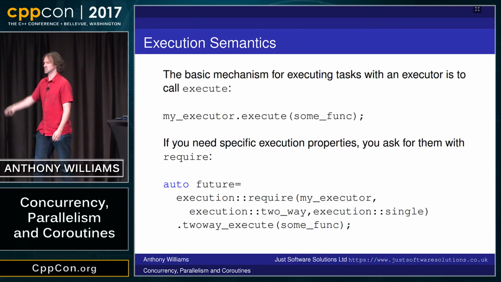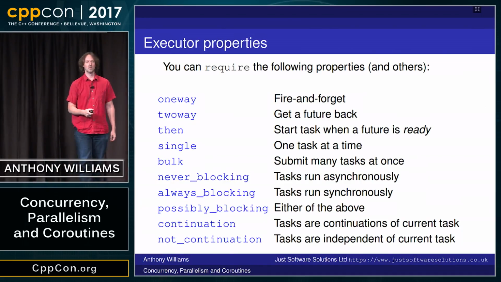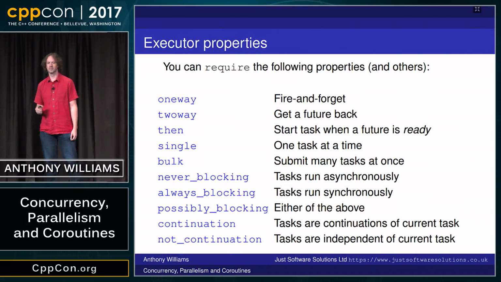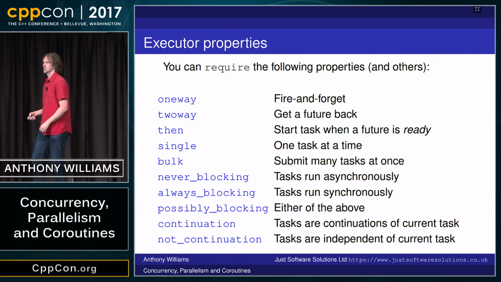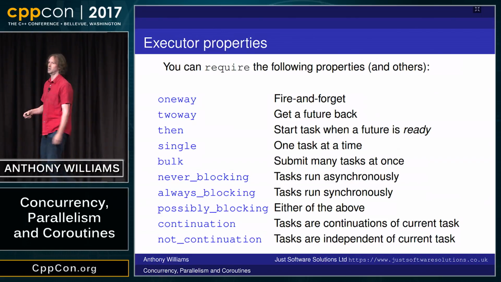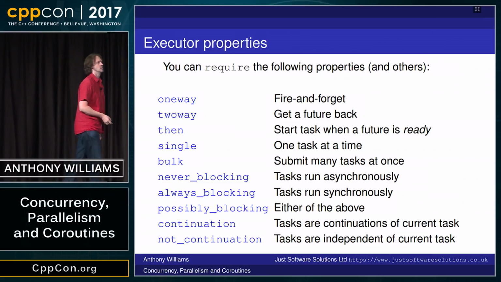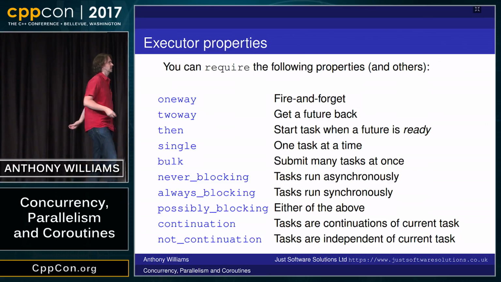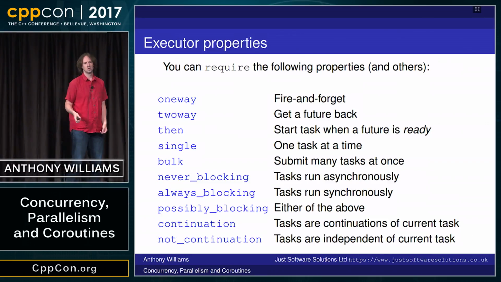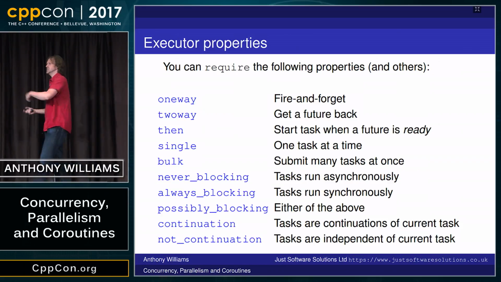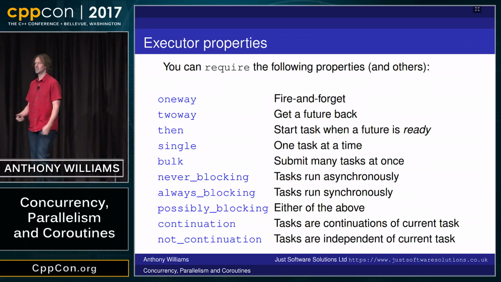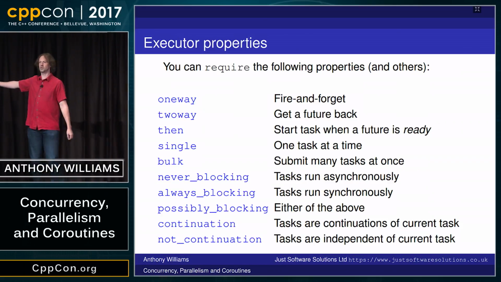There's a whole bunch of properties that you can require. You can launch your task and say, well, I don't need to know because I've got some other mechanism of knowing when it's done. Or I want a future back. Or this function that I'm passing you now is a continuation of this other function which I'm passing you a future for.